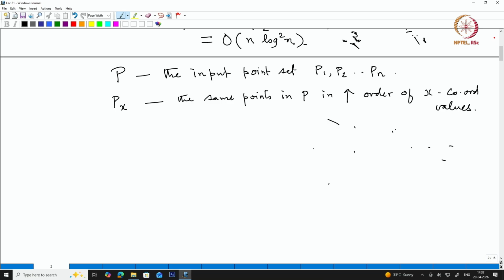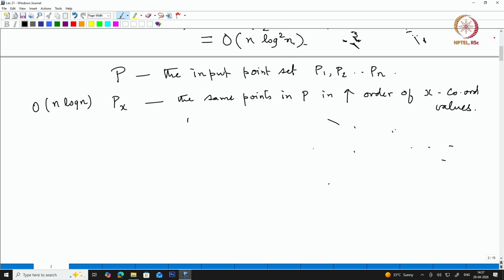So, given P you can find Px by sorting, and this can be done in n log n time. So, the complexity for getting it is order n log n. From the input point set P1 to Pn, consider only x coordinate values, apply any n log n sorting algorithm, you rearrange the point set and the resulting array of points, you call it as Px.